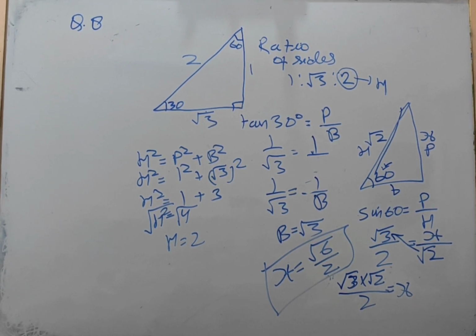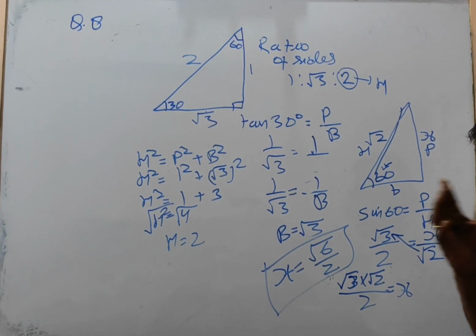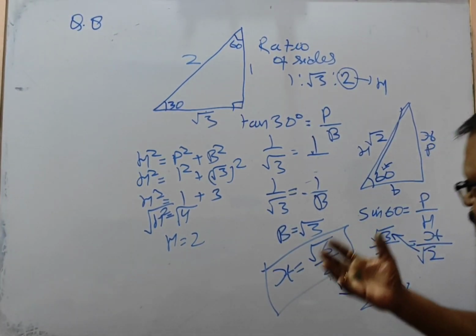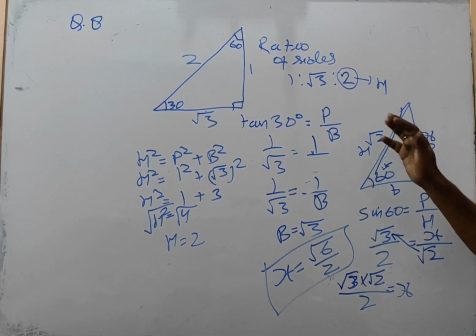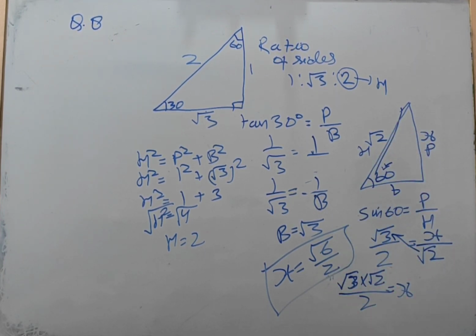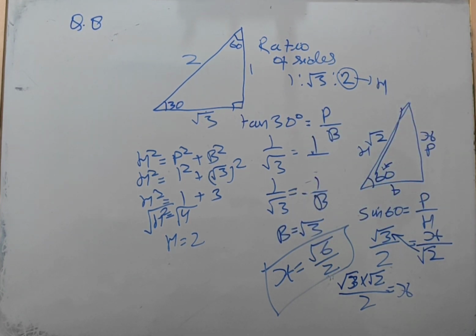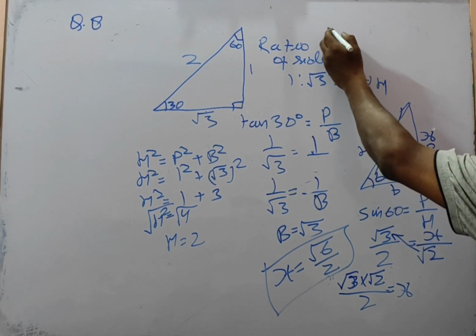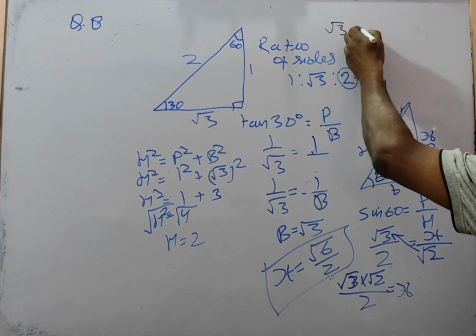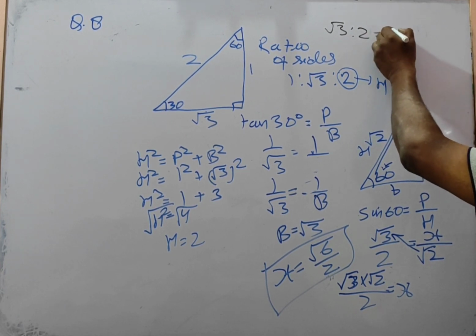I understand you. They have taken that in form of ratio. I am telling you, but I have converted this to tan theta and cos theta and like that. Anyway, that ratio is coming from there only. You can see the ratio is like that in your answer. There is written there root 3 ratio 2 is equal to x ratio root 2.